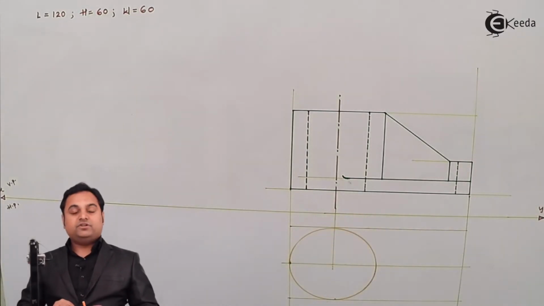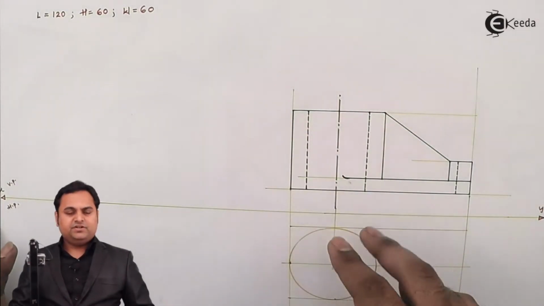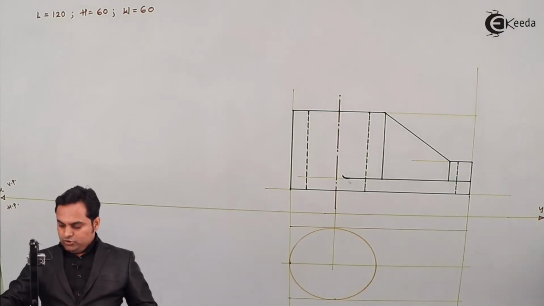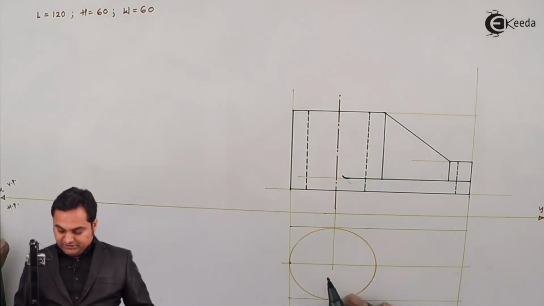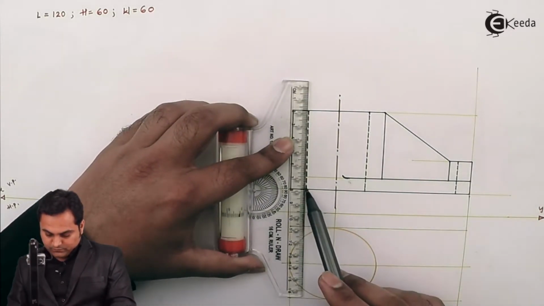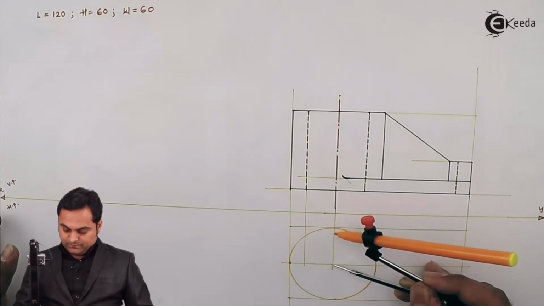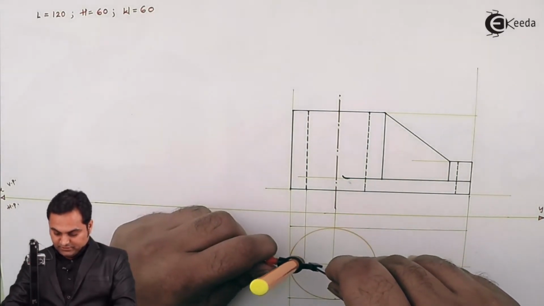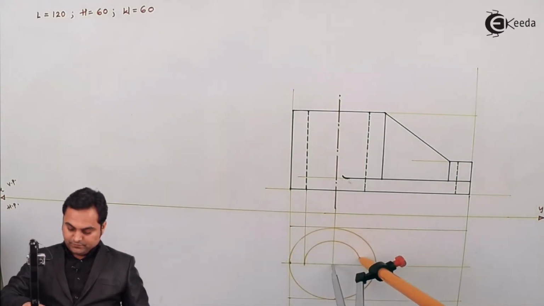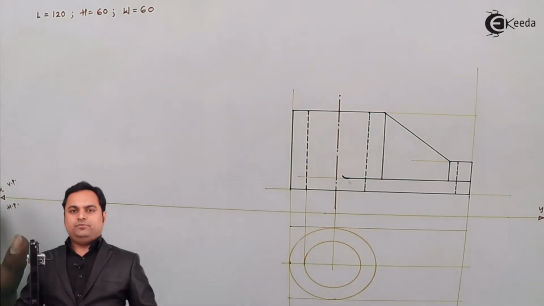So this is the outer circle of the cylinder which is visible. At the same time we have the inner circle which will be visible from the top. So for that also the center is the same. Radius I'll project it downwards. So projecting it light, measuring the distance from this center up to the radius, drawing a light circle. So these two circles are visible from the top view.